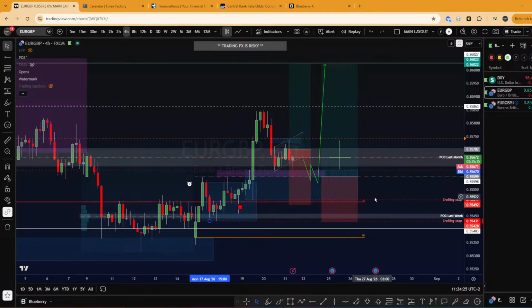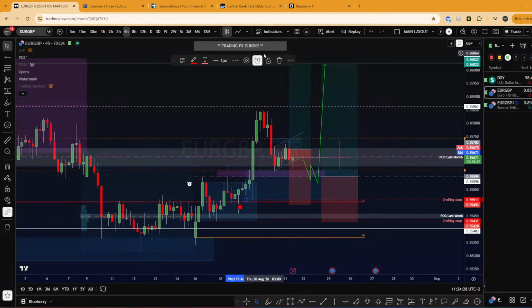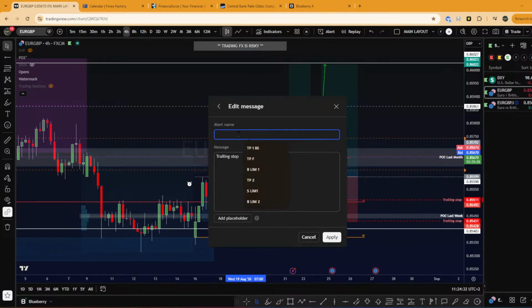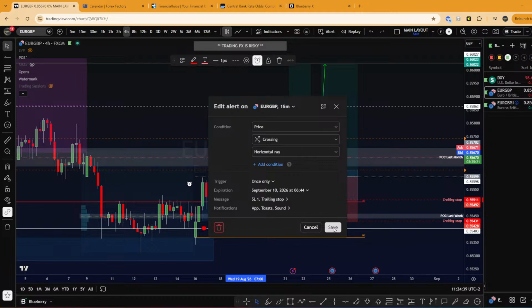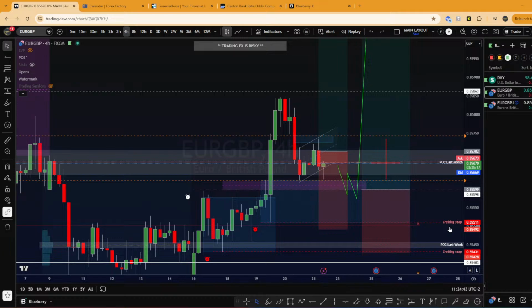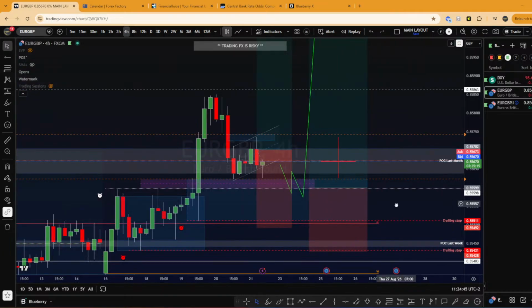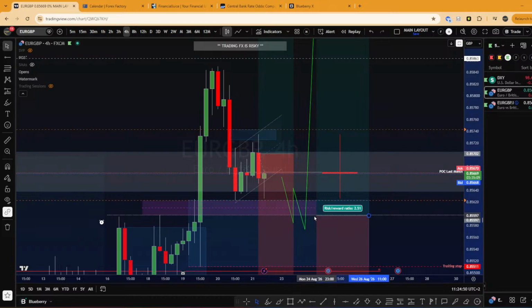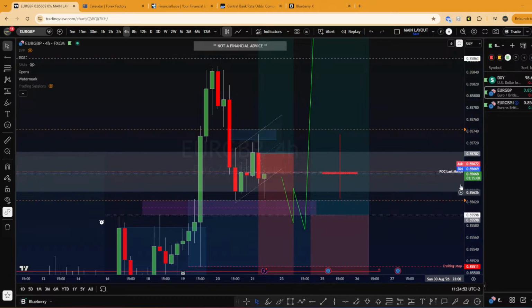Okay, this is stop loss 1, SL 1. I like to put a highlight on this level when I am not in front of my chart, to let me know at least I got stopped out.